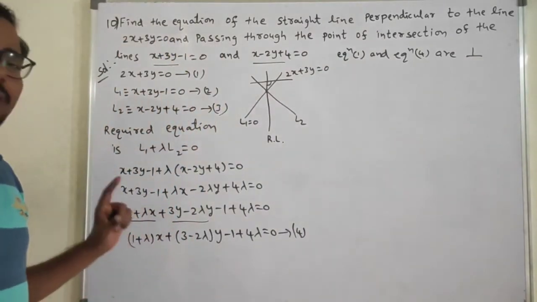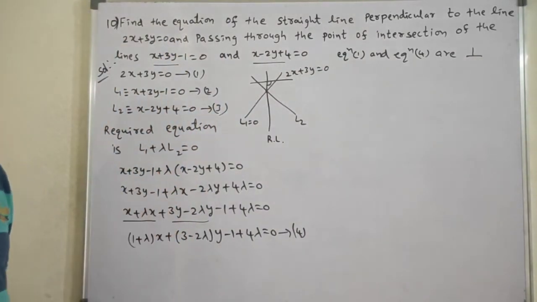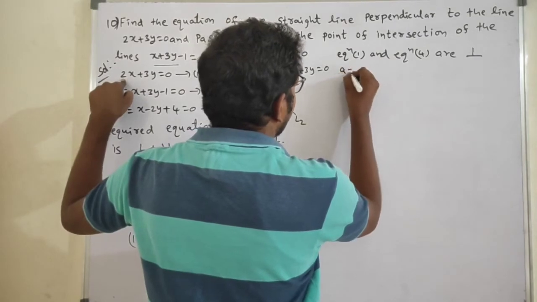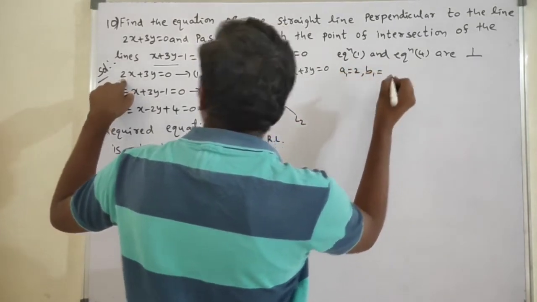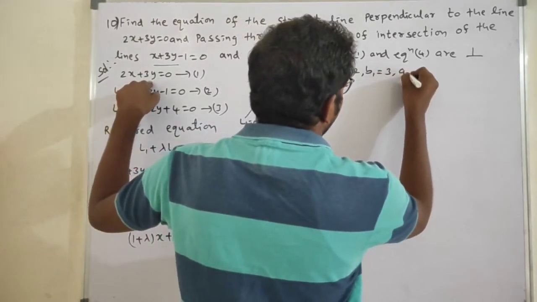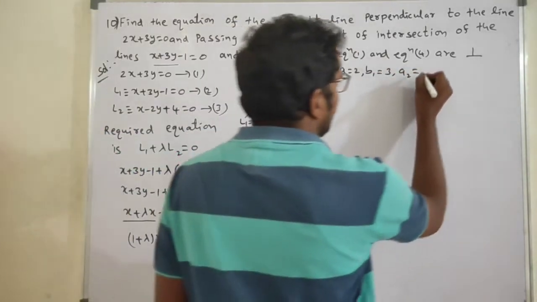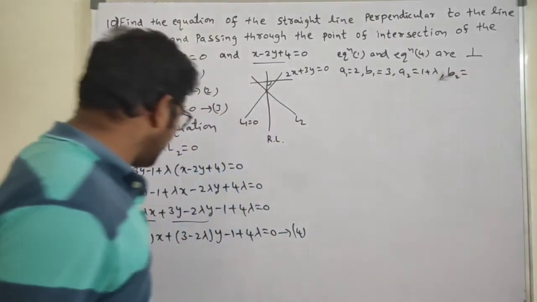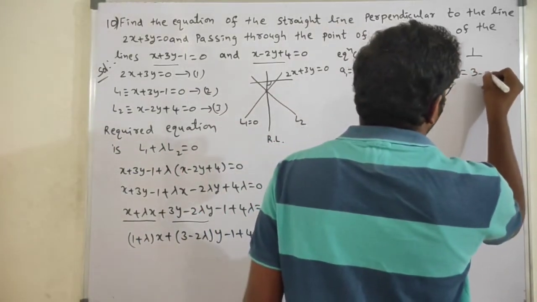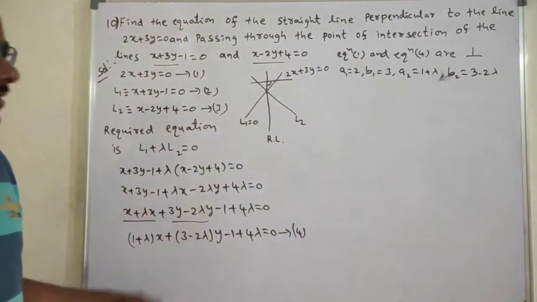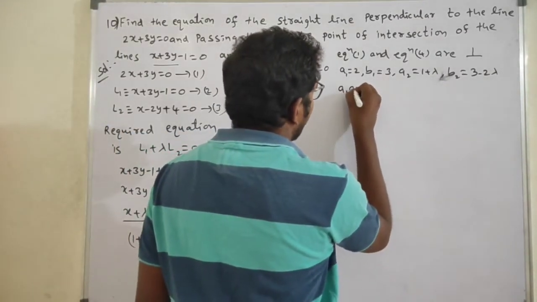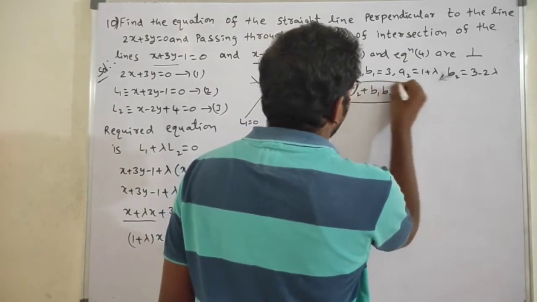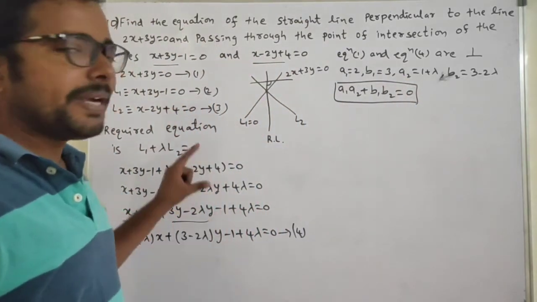If two lines are perpendicular, we know the condition a1 a2 + b1 b2 = 0. From the first equation, a1 = 2, b1 = 3. From equation 4, a2 = 1 + lambda and b2 = 3 - 2 lambda. This is the perpendicular condition: a1 a2 + b1 b2 = 0.